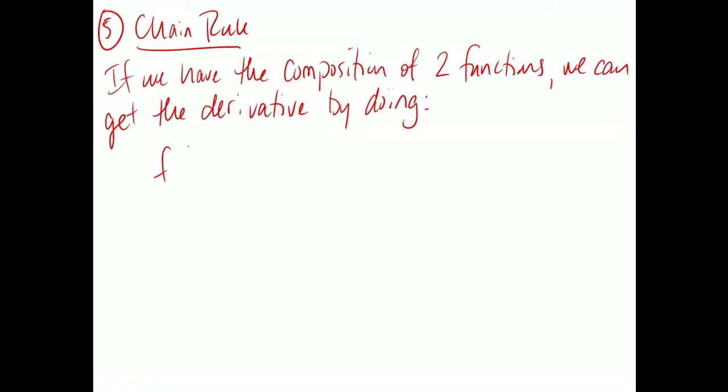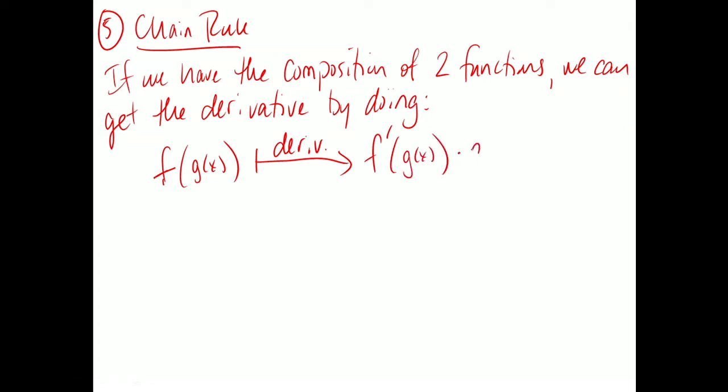If we have a composition, f with g plugged in, then the derivative you can get by doing the following. You would do the derivative of f with g plugged in times the derivative of g. Okay, so the chain rule, that's it.